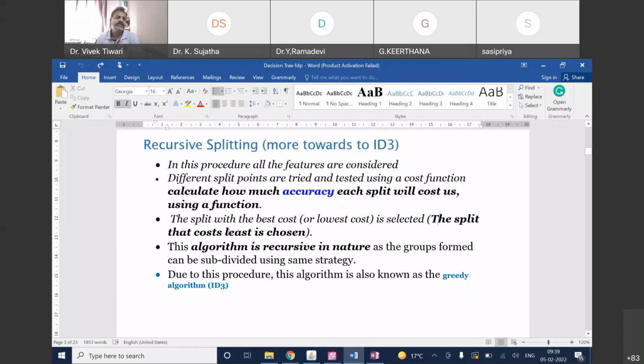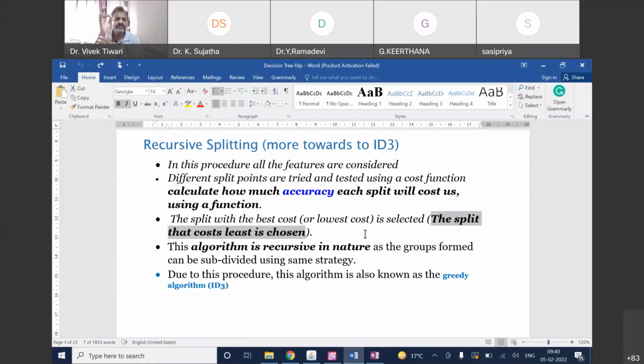The split that costs least is chosen. Among all the possibilities you have tried, whichever gives the highest accuracy, or the best value of whatever cost function you have defined, that is the node you select. So it is not like age randomly taken, gender randomly taken, marital status randomly taken. No, there is a mathematical process behind that. You have to evaluate each one using the cost function and, based on the evaluation results, choose the best one.